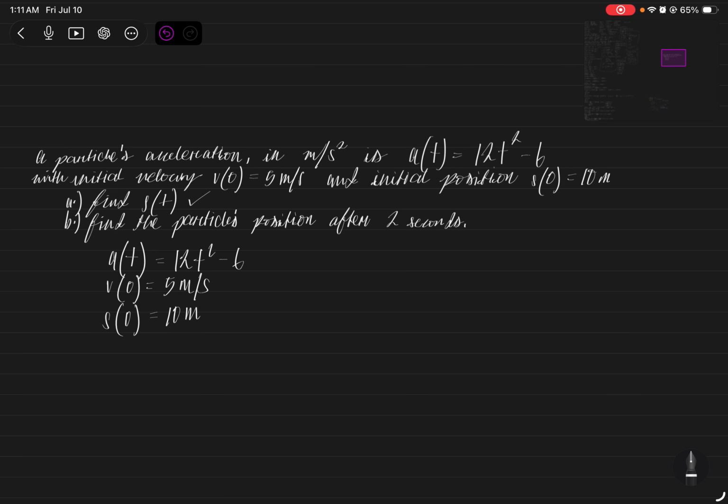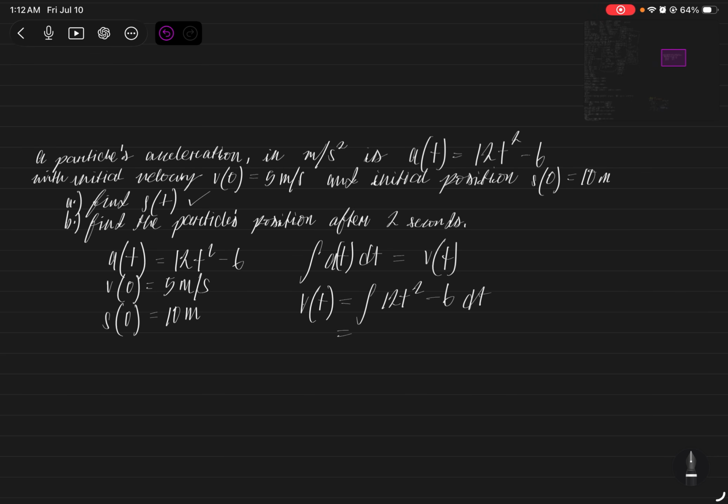So first we need to know that the integration of acceleration is equal to the velocity. So velocity is equal to the integration of our given 12t squared minus 6.